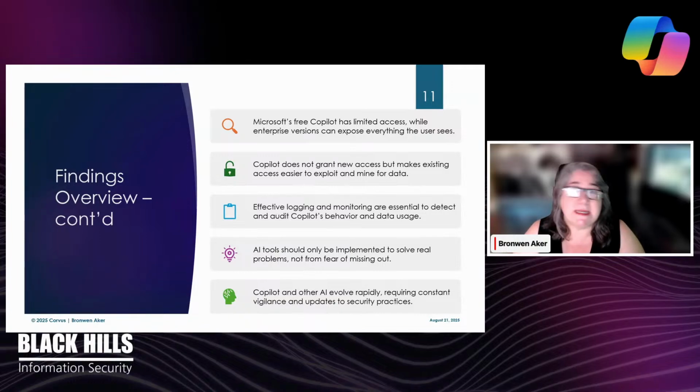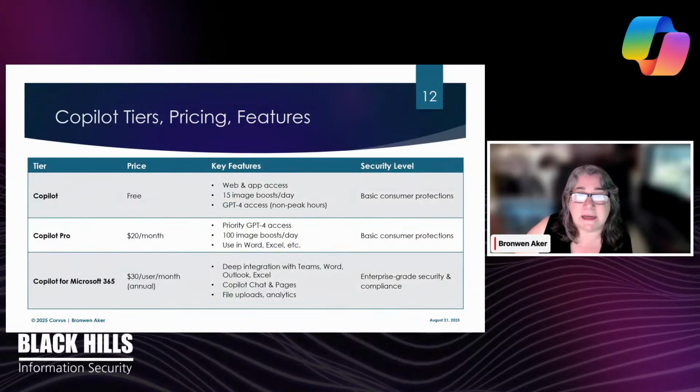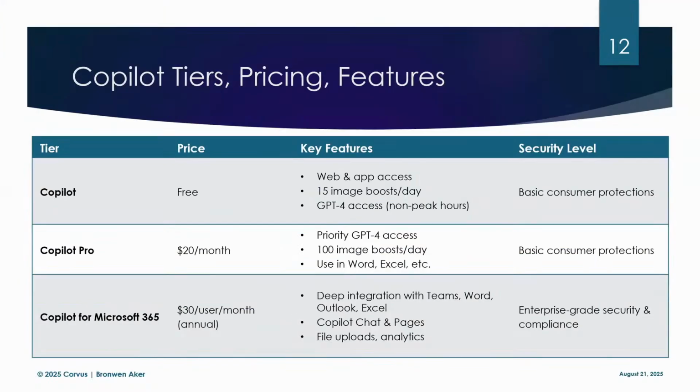If you're implementing AI because it's shiny or because of FOMO, you're doing it wrong. You're doing it badly. And again, all of these AIs are evolving very quickly. So what I say in this will probably half of it be obsolete in 6 months to a year from now. Let's take a look at some of the tiers and the pricing.